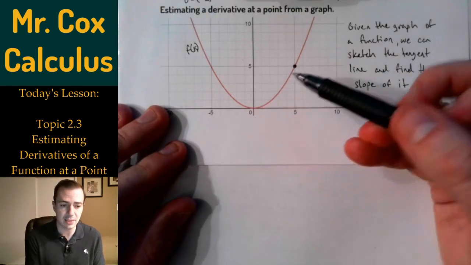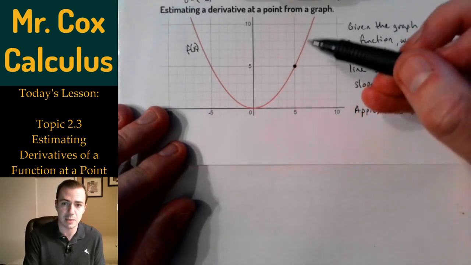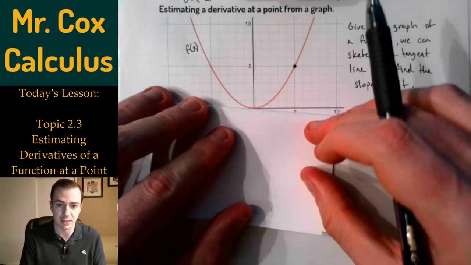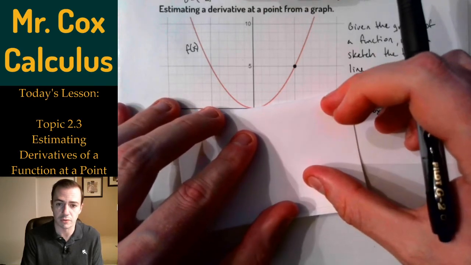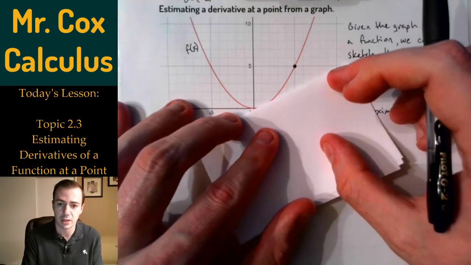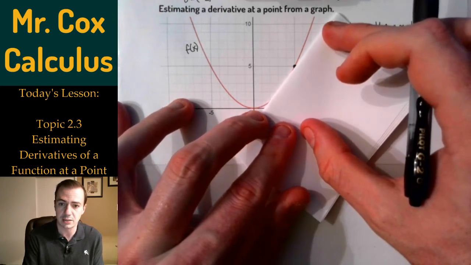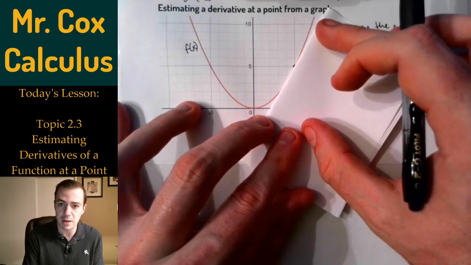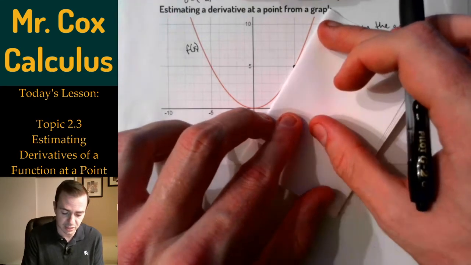Rather than following the function, I want to have the same rate of change at that point. I'm following this curve as I get closer and closer to 5. And once I get to 5, I'm going to say that's right about there, and I'm going to call that the tangent line.